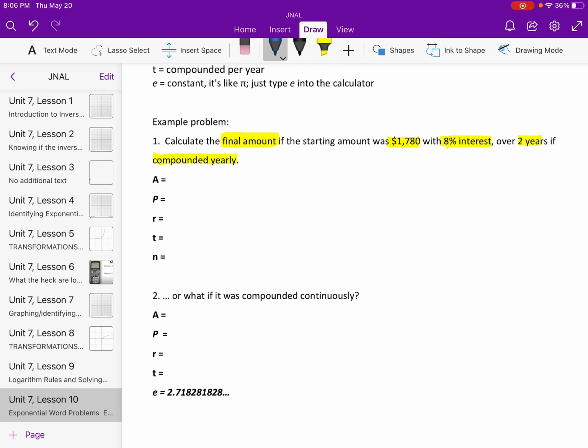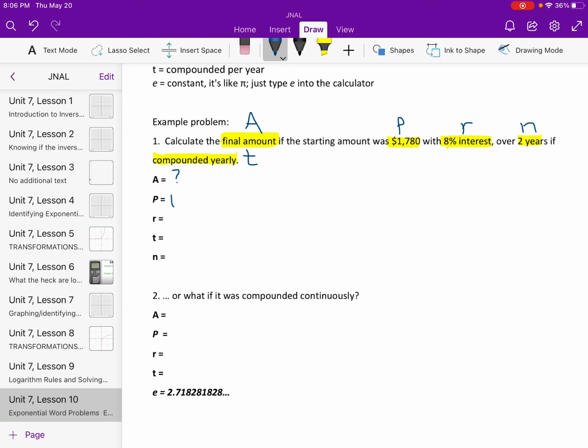So the final amount is A, the starting amount is P, interest is R, 2 years means N, and yearly, that's T. The final amount is what we're trying to find, A.